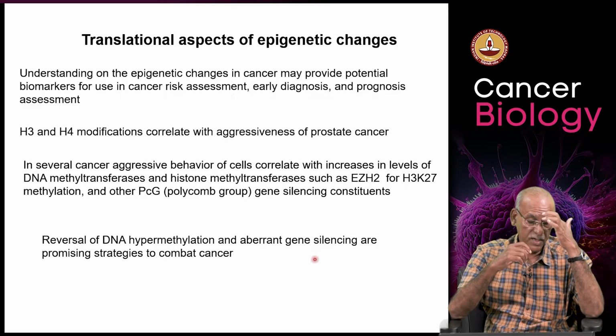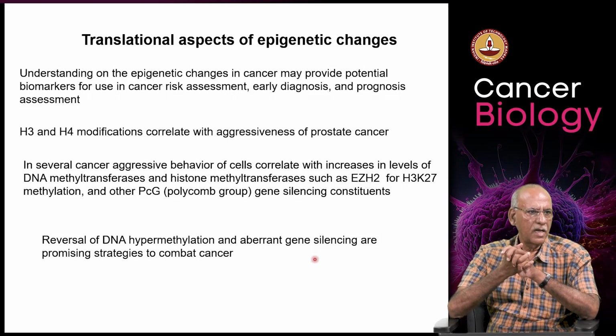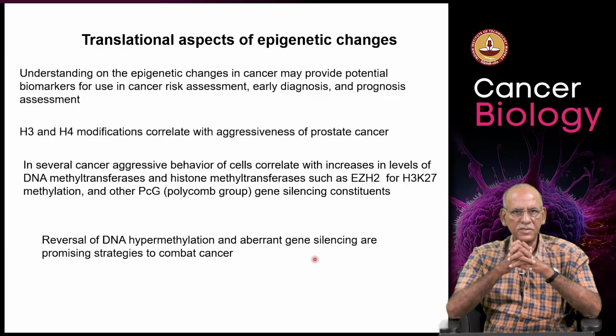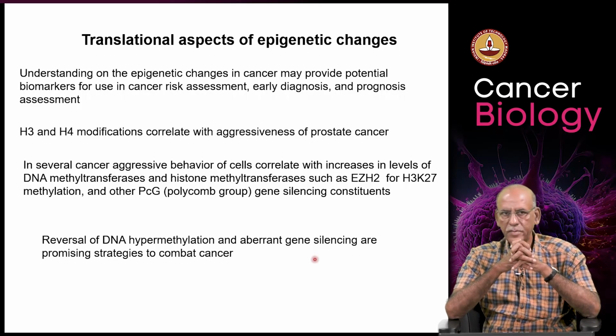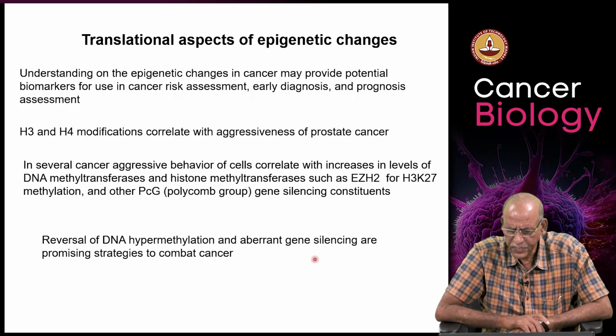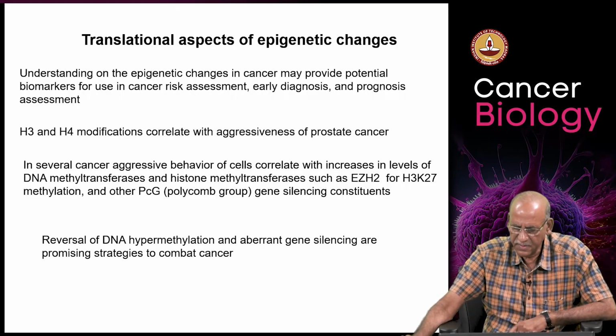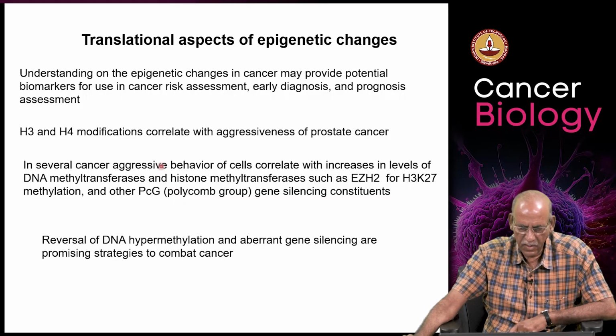Histone 3 and histone 4 modifications correlate with aggressiveness in the case of prostate cancer. So, that is one example. Several examples are there. One more example, they have given DNA methyltransferases and histone methyltransferases for H3K27 methylation and other polycomb group gene silencing constituents.